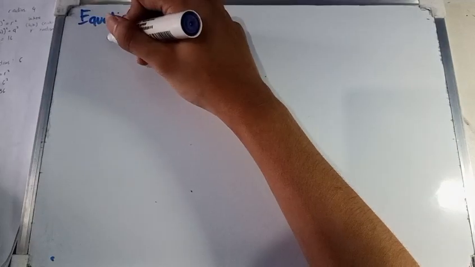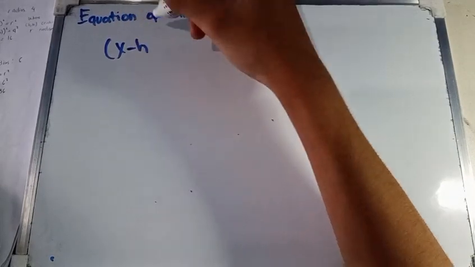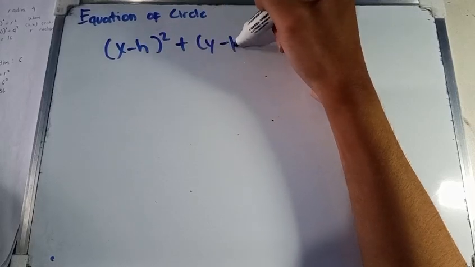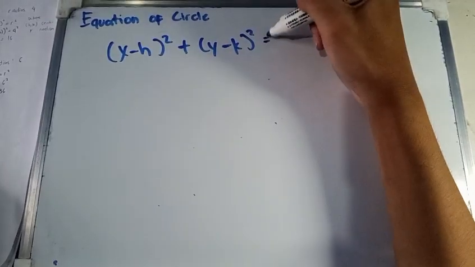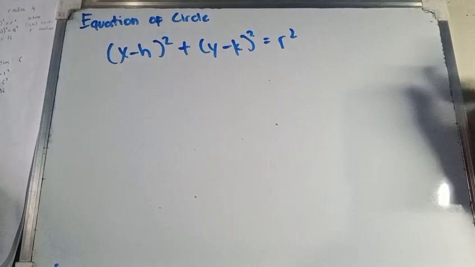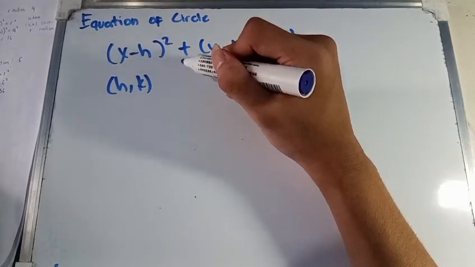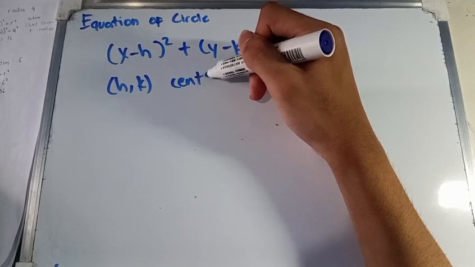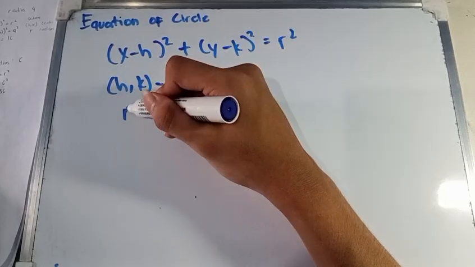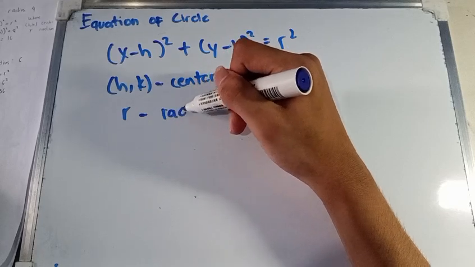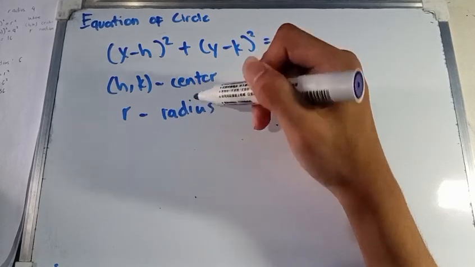The standard form for a circle is (x - h)^2 + (y - k)^2 = r^2, where h and k are the coordinates of the center of the circle, and r represents the length, or the radius, of the points to the center.